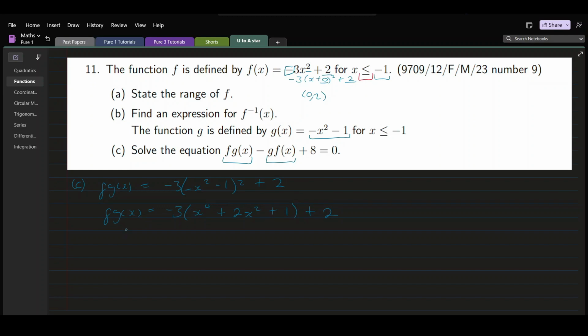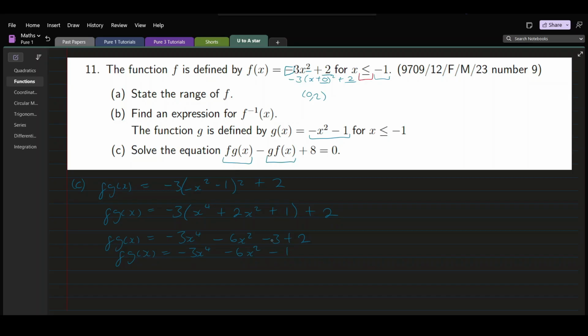And let's simplify this further. fg of x is equal to negative 3x to the power 4 minus 6x squared minus 3 plus 2, that's negative 1. So that's fg of x.